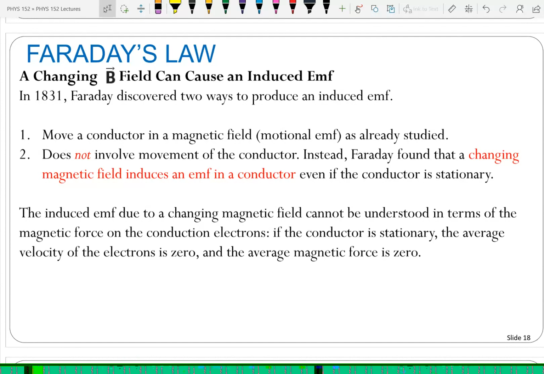Michael Faraday in 1831 discovered that we could basically produce voltage with a magnetic field if we have a conductor that's moving in a magnetic field. And we can have a changing magnetic field do the same thing. So it's not just having the conductor move, having a changing magnetic field is the same thing.